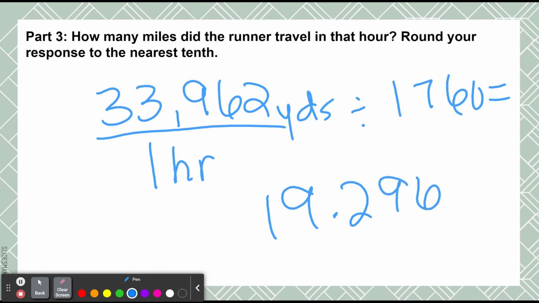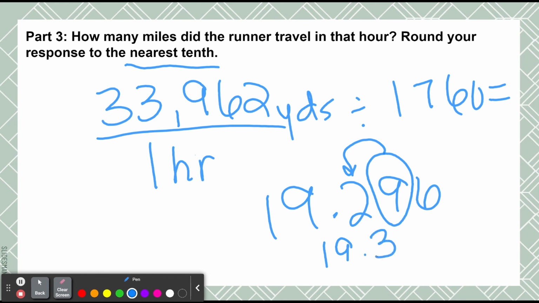The problem says round to the nearest tenth, so I'm going to take a look at the hundredths place. And what is that 9 telling the 2 to do? It's telling it to go to a 3. Look at that, I get ahead of myself. Okay, so that means that he ran 19.3 miles in 1 hour.